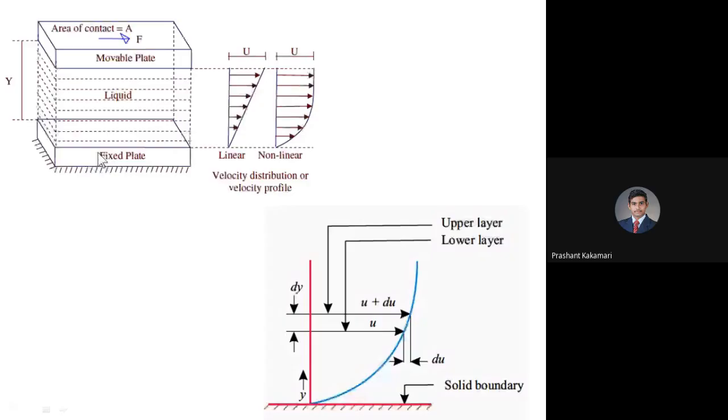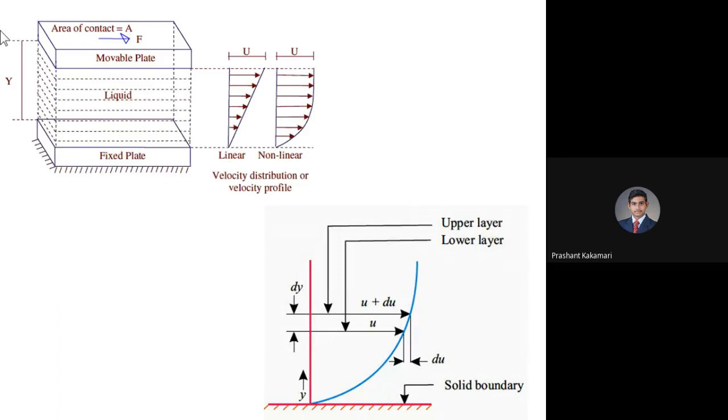If I simply move the movable plate, the resistance force will be very high near the fixed plate, because these layers of liquid move at very low velocity. The bottom layers in contact with the fixed plate do not move properly.